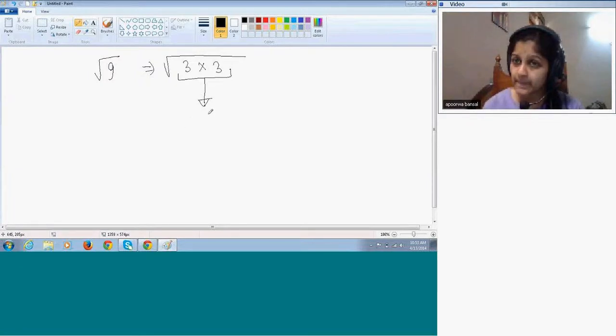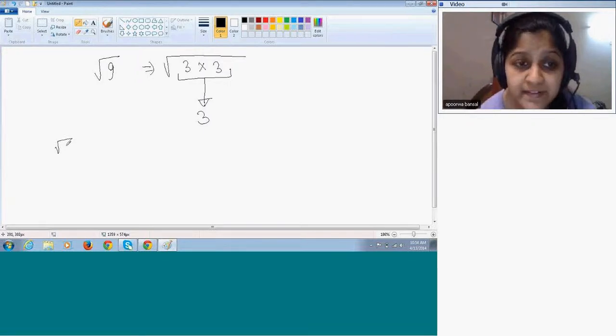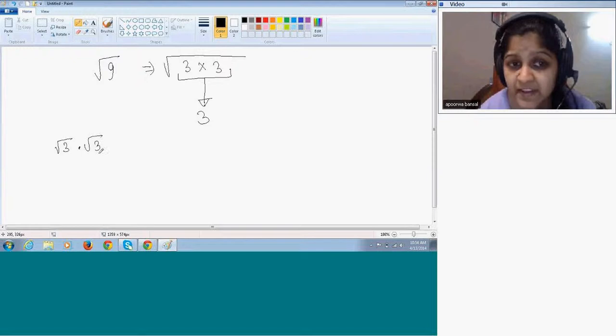That means if any number root is multiplied by the same number root, it gives the number. For example, if I say root 2 times root 2, what?